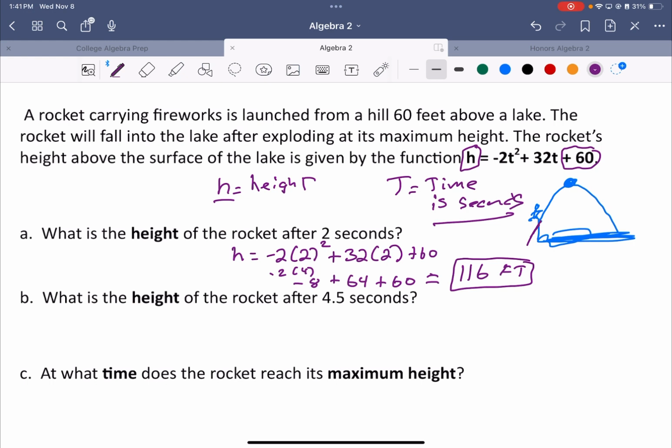The next question says, what is the height of the rocket after 4.5 seconds? Well, now instead of using 2, we use 4.5. Yeah, this one I can't do in my head.